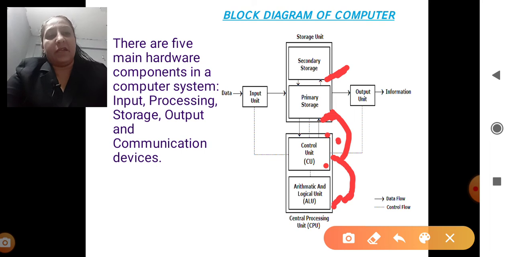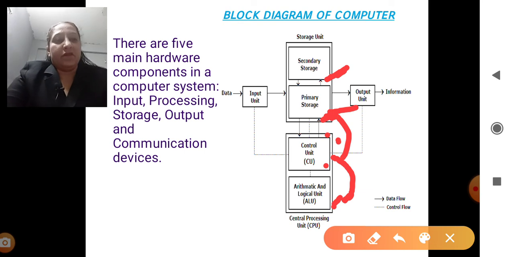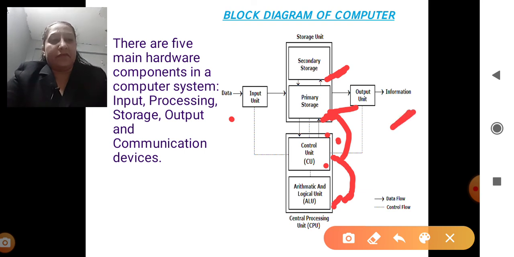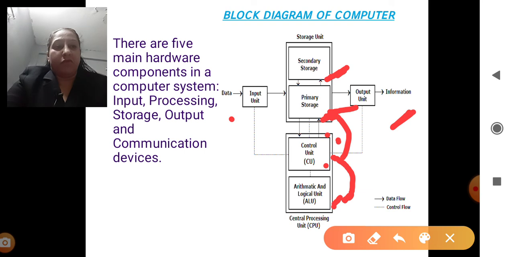Once you save the file, it goes to the secondary device, and at last, as I said, you are able to see the output on the screen also. So that is why the output unit is there. And I mentioned earlier, we started with the raw facts. We gave data, that is we kept on typing in the spreadsheet, that was our data, and finally what we get, the calculated result on the screen, is our output.